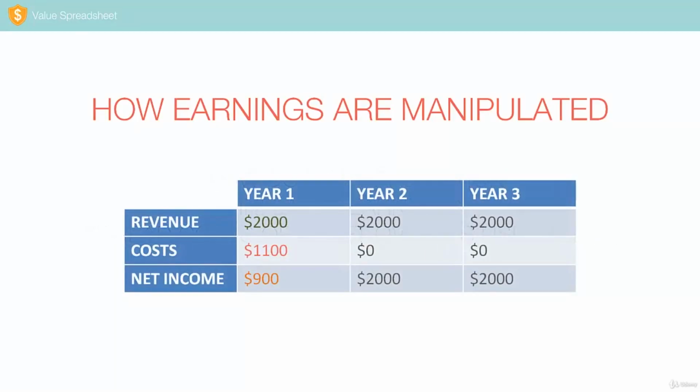To illustrate, imagine a tiny company which earns $2,000 per year in revenue and has no additional costs. However, it does buy a computer for a price of $1,100. These costs are not written off in one go, which would result in a net income of $900 in the year the company buys the computer. But instead, these costs are spread out over the useful life of the computer, which is around 3 years for this type of asset.